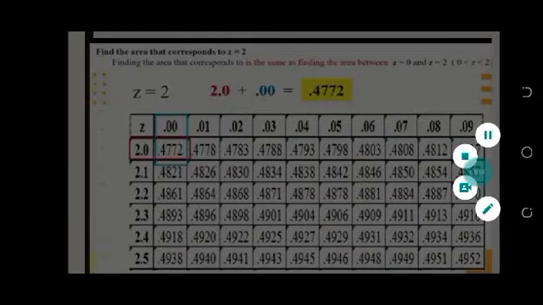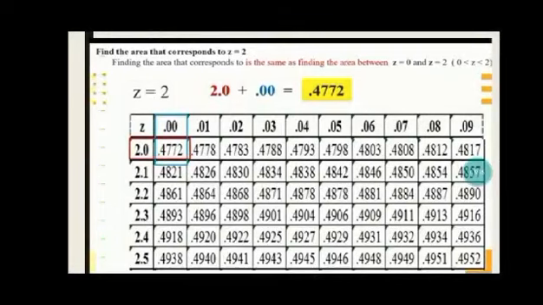So, this is our example. Find the area that corresponds to z equal 2. Finding the area that corresponds is the same as finding the area between z equals 0 and z equals 2, or 0 less than z less than 2.